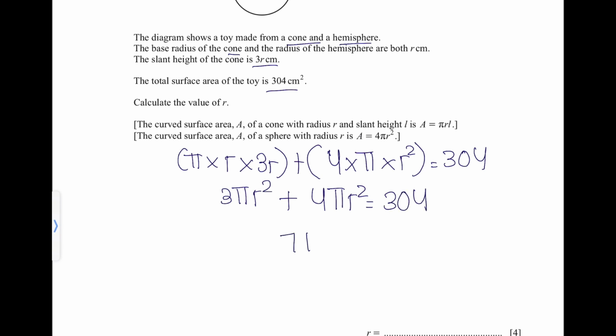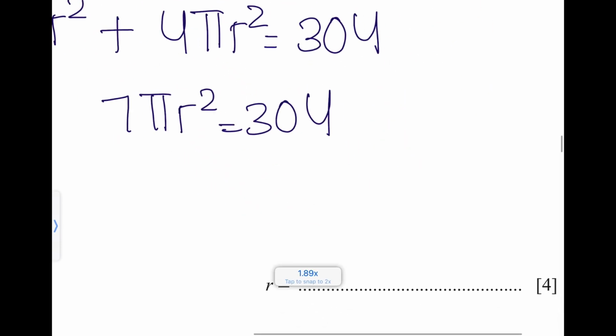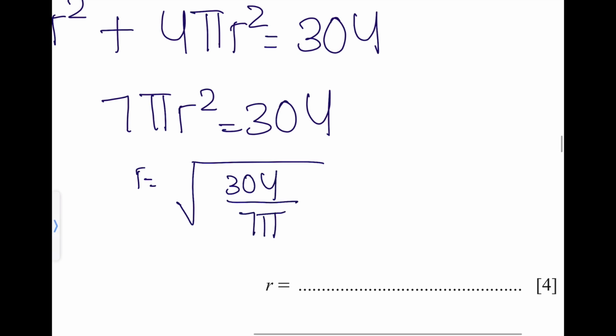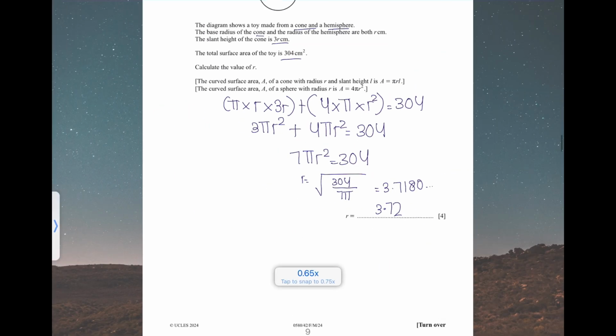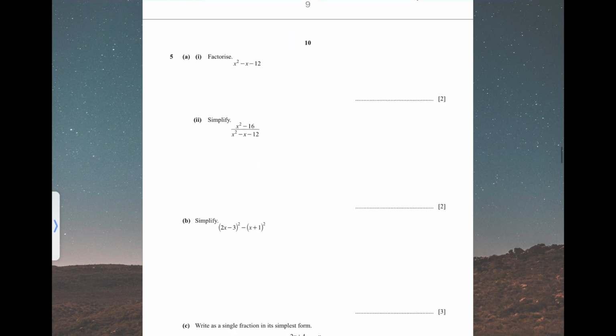Hence 7 pi r squared is equal to 304. So r would basically be the square root of 304 divided by 7 pi, which is equal to 3.7180. That would be 3.72.